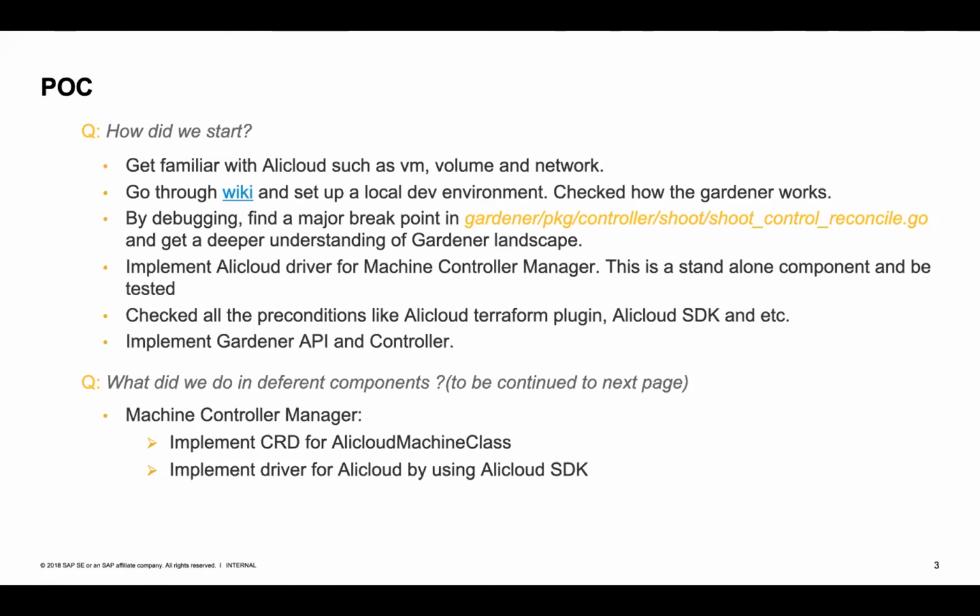We could use a shoot cluster from the dashboard, which is very easy, but we need to know how it works. So firstly, we went through the wiki in the Gardener project to set up local development and did further investigation on how Gardener works.